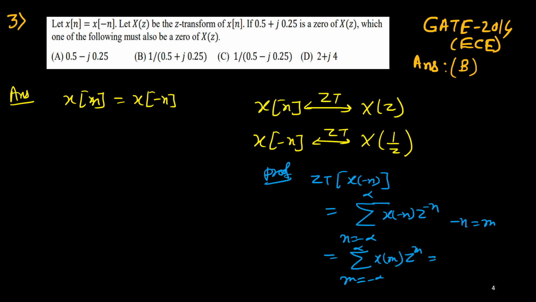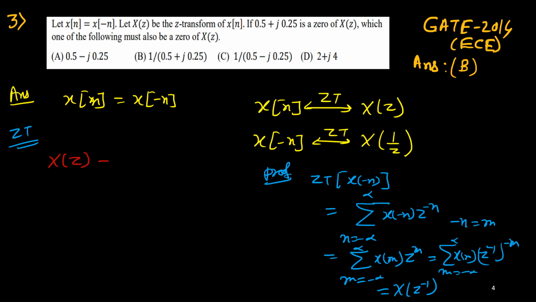I can rewrite this as x of m times z to the power minus 1, whole to the power minus m. It is similar, only this is z to the power minus 1, so I can write capital X of z to the power minus 1. So capital X of z equals capital X of 1 upon z.